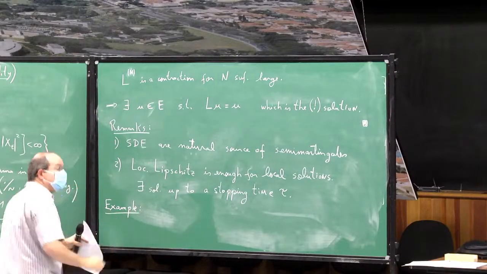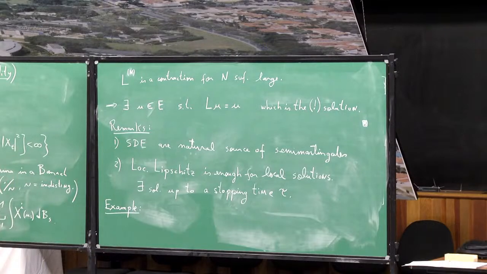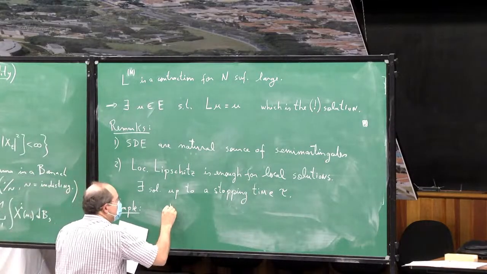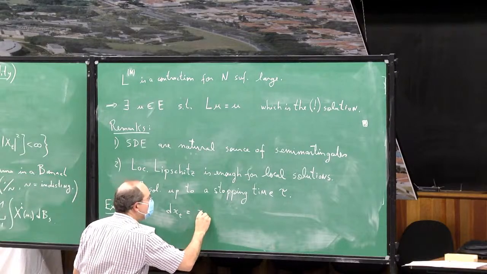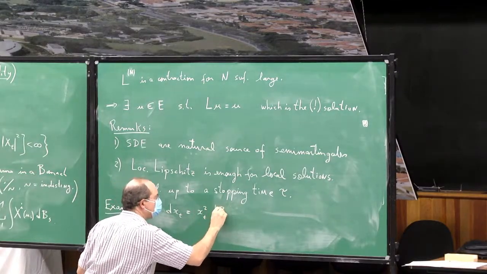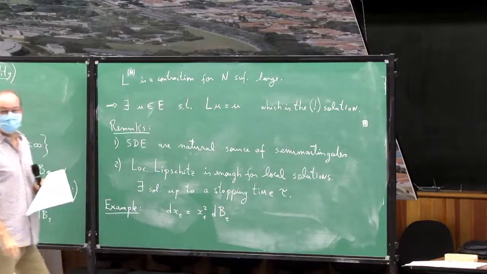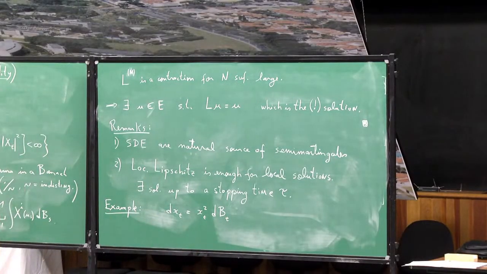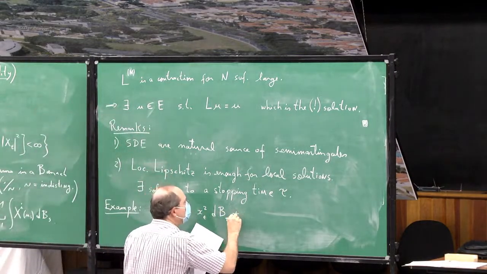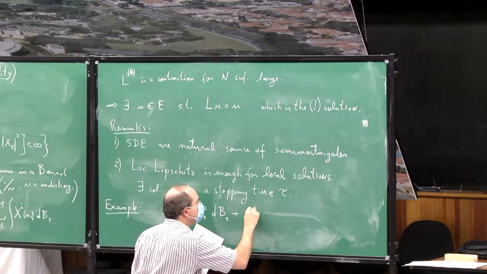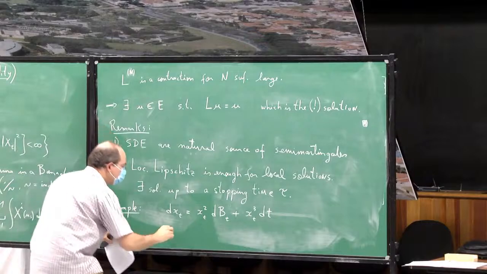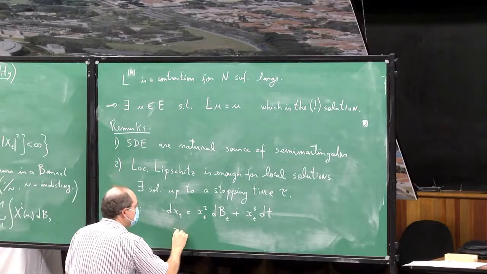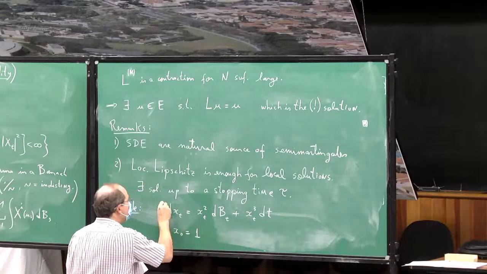It's quite tricky, and after I give the example, I show how I managed to find a solution of this example. dXt equals Xt squared integrated with respect to Bt, this is a one-dimensional stochastic differential equation, plus Xt cubed dt, with initial condition X0 equals 1.